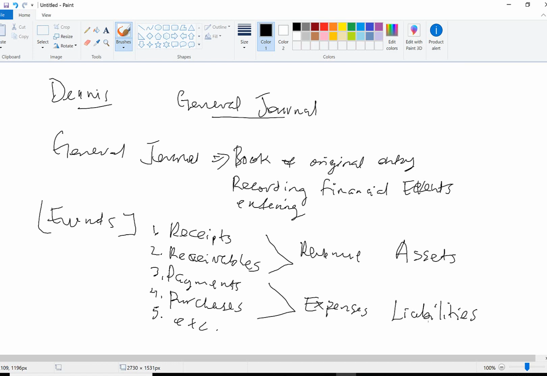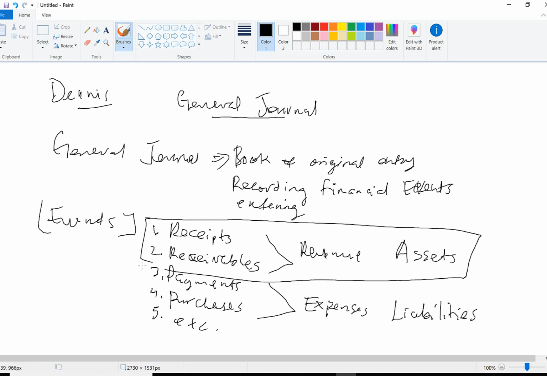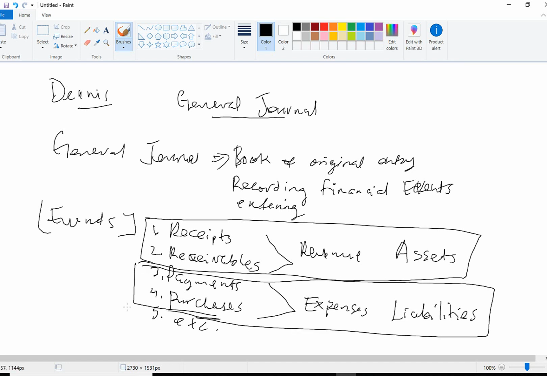So it's grouped this way. And the rest will be your equity, which is equal to the balance.